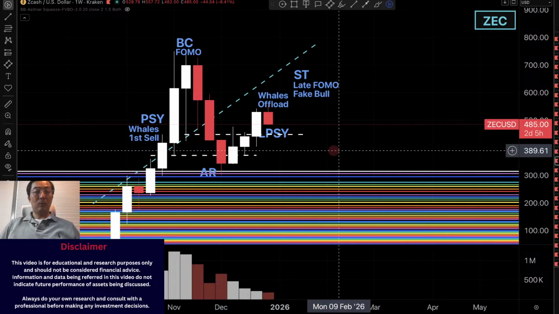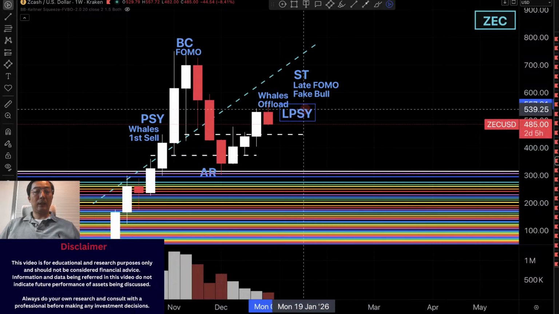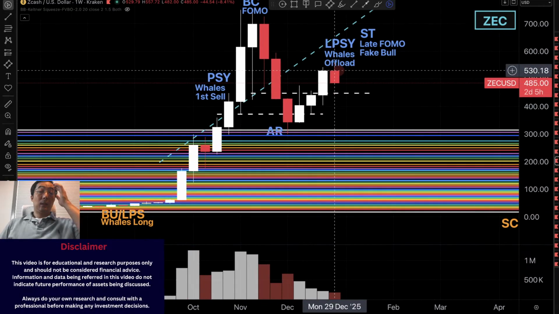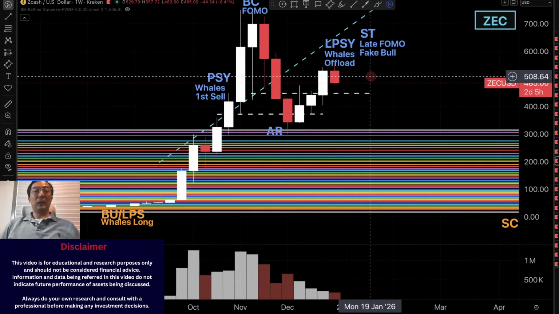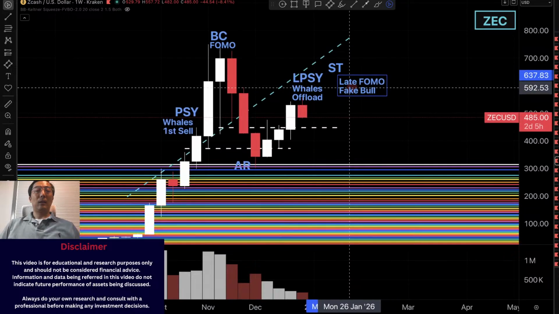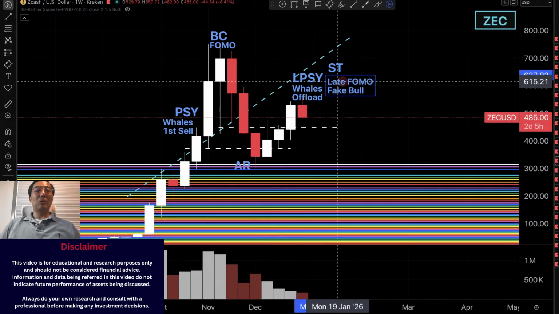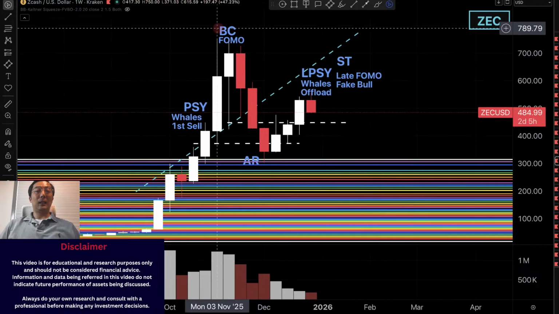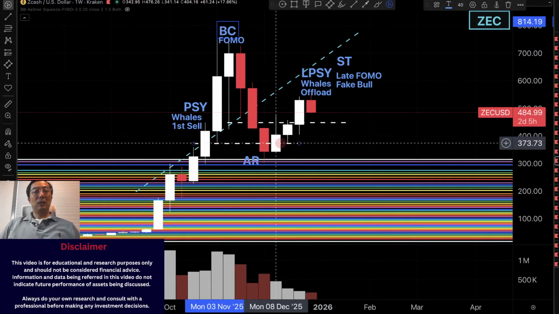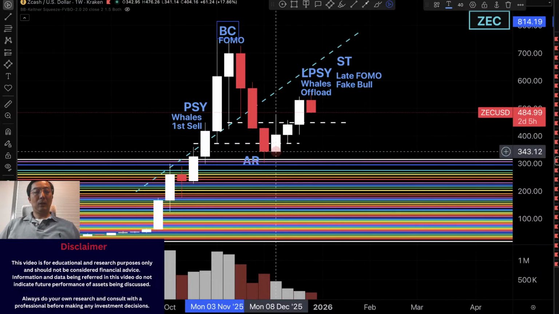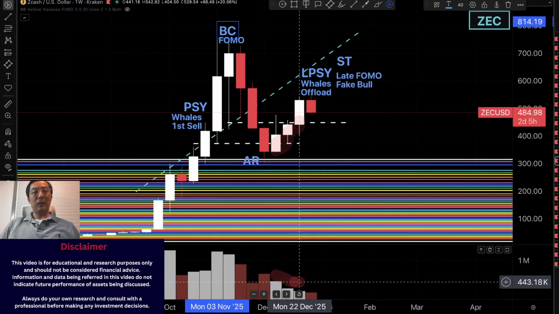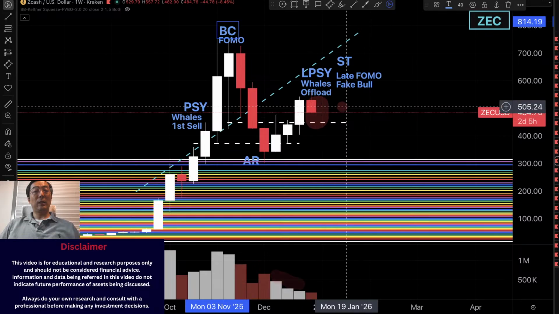And the thing here is, would this be just the last point of supply where whales have probably already offloaded quite a bit, or is it just the intermediate step towards the second test, or even an upthrust, a level higher than the buying climax? Looking at the volume, when the price climbed in the previous 3 weeks, the volume has been continuously declining, and then we have the current week of red.